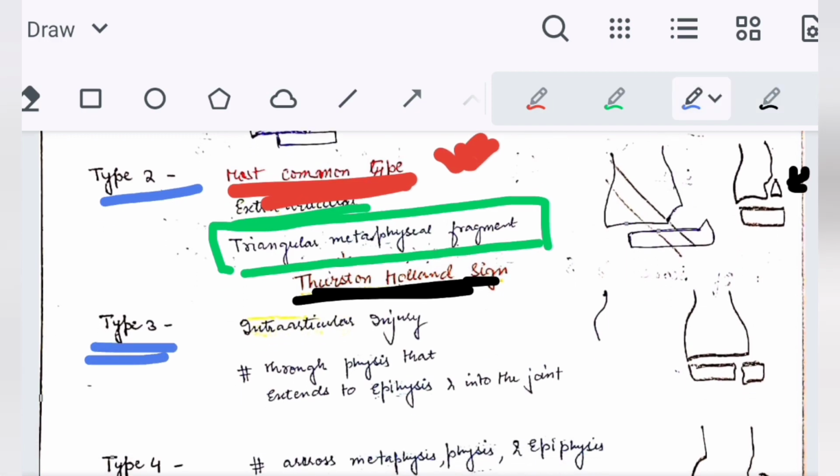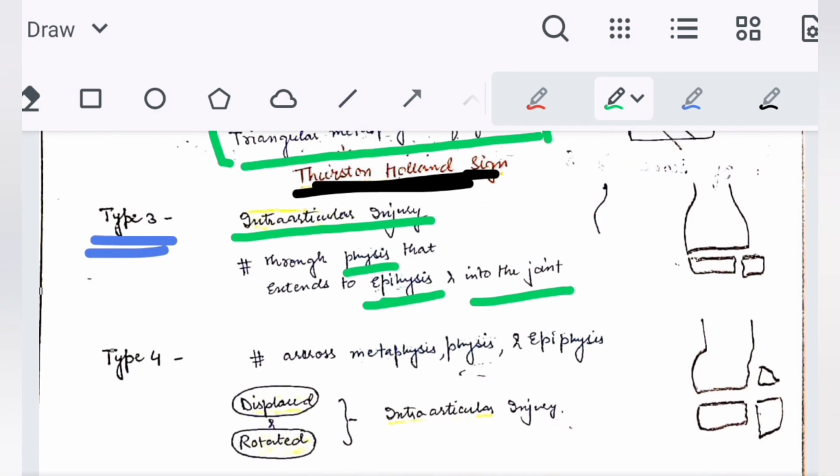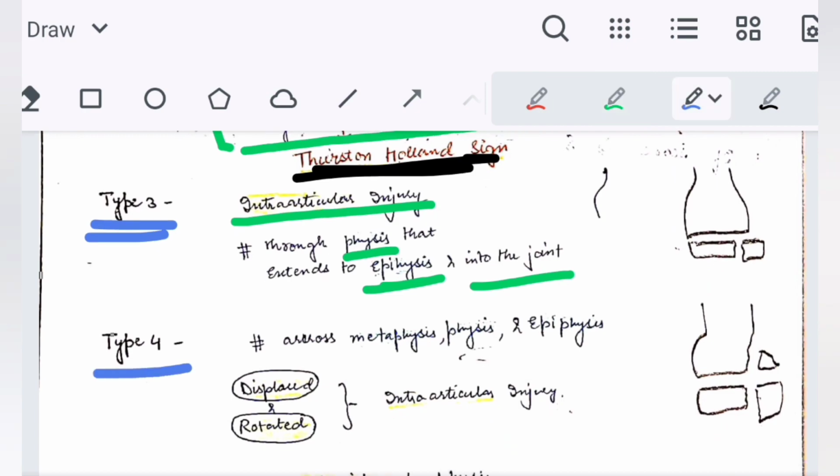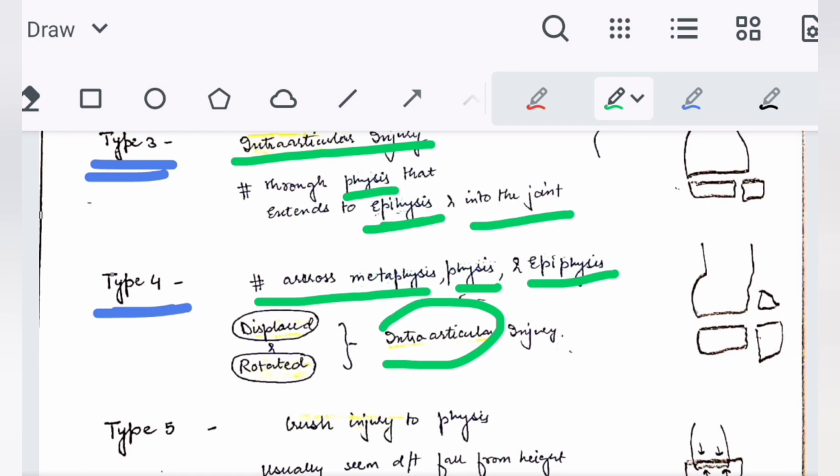Next, coming to type 3, which is an intra-articular injury, where the fracture passes through the physis and extends to the epiphysis and into the joint. Next comes type 4, where the fracture is across the metaphysis, physis and epiphysis, and there is an intra-articular injury where the bone pieces are displaced and rotated.